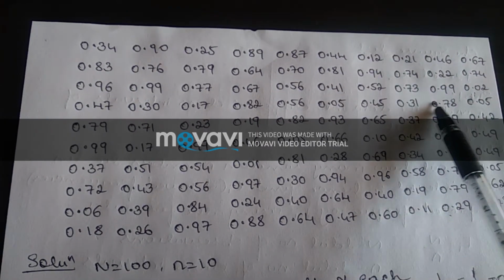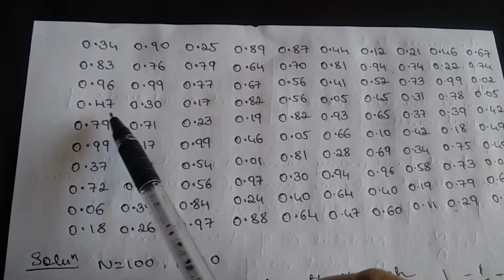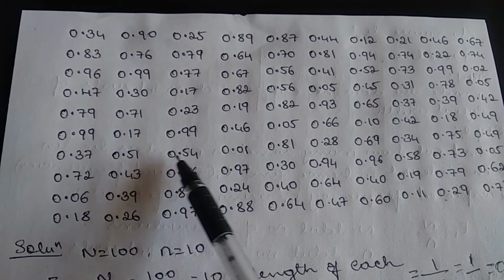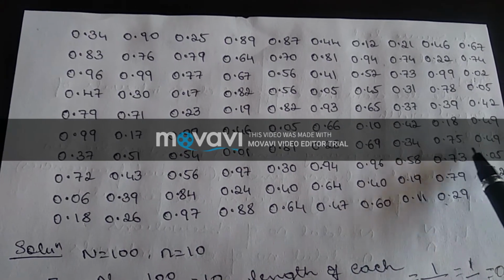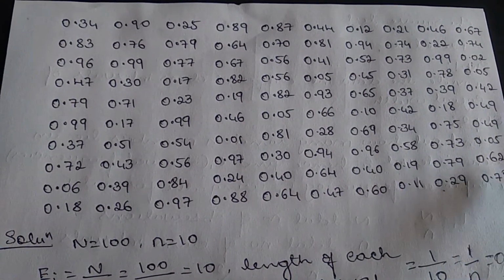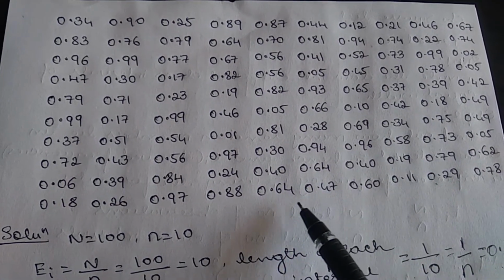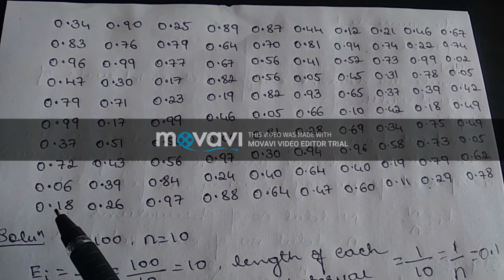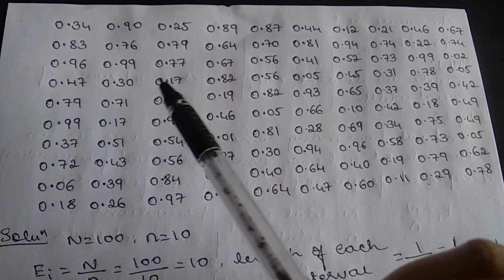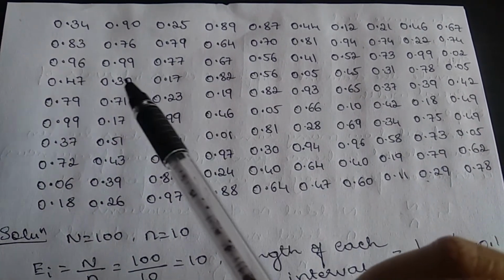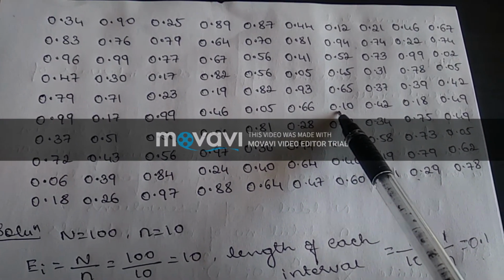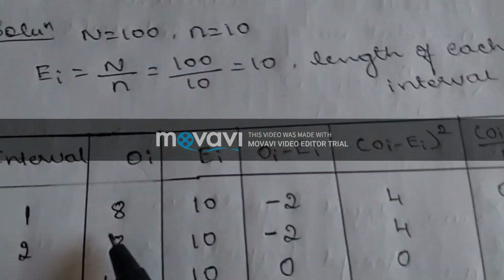Then 0.052, 3, 4, 5, 6, 7, 8. 0.10 also you have to consider, because it is 0 to 0.1. So we have 8, and the first value I'll just write as 8.